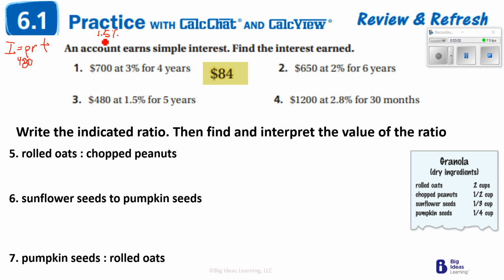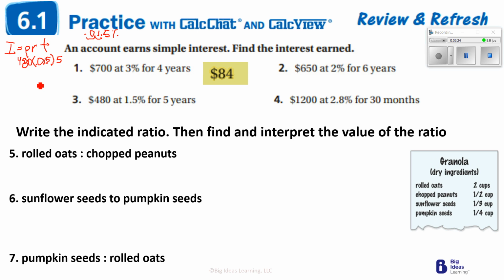And I'm going to have to move that decimal 2 places. So it's going to become 0.015. So this is times 0.015. Then I'm going to have to multiply it by 5 years, so 5.